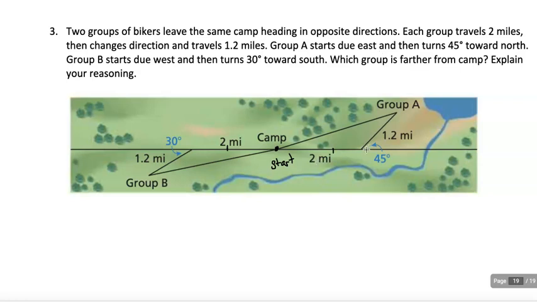So we have north, south, east, and west. It starts due east and then starts traveling north. So now it's going northeast, but it turns at 45 degrees and goes this way, and now travels 1.2 miles. That's labeled for me.